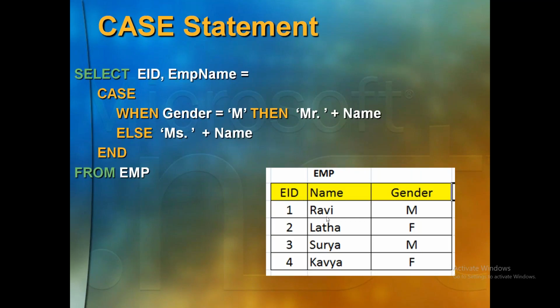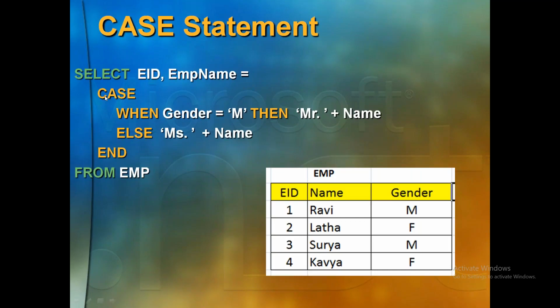Mr. Ravi, Miss Lata, Mr. Surya, Miss Kavya. This is how you get the full name or employee name with titles. Clear?